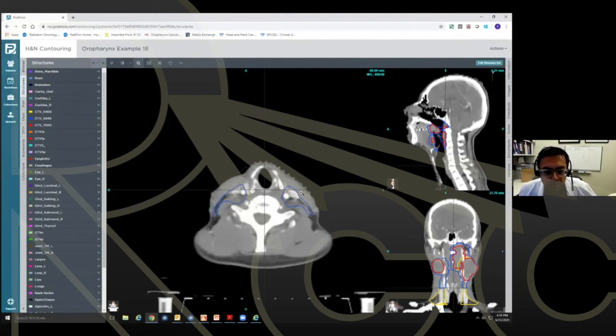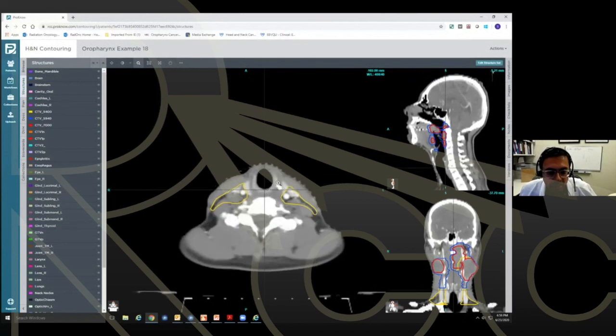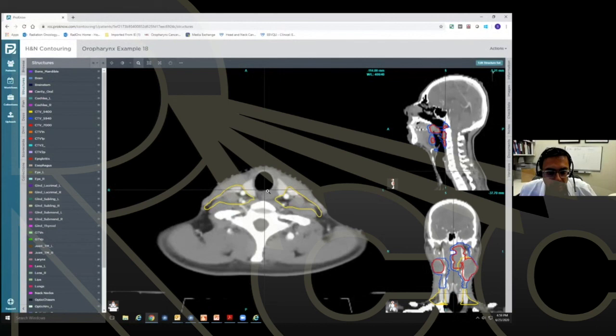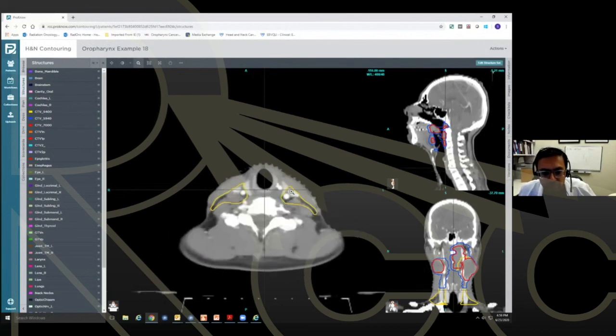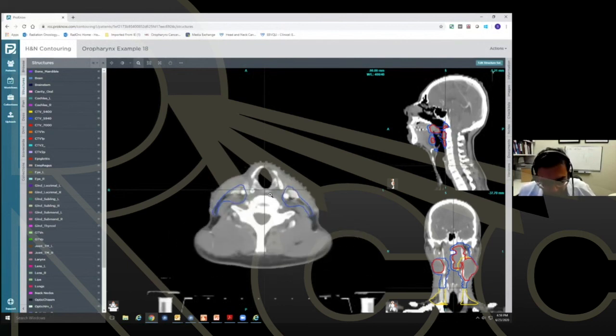From level 3 to level 4A, we talked about the inferior edge of the cricoid cartilage being a transition point here. Well, we have not reached the inferior edge of the cricoid cartilage yet, right? Right here, right? So this is where you would start level 4A in your low risk target volume. So just a little bit higher than I would transition.